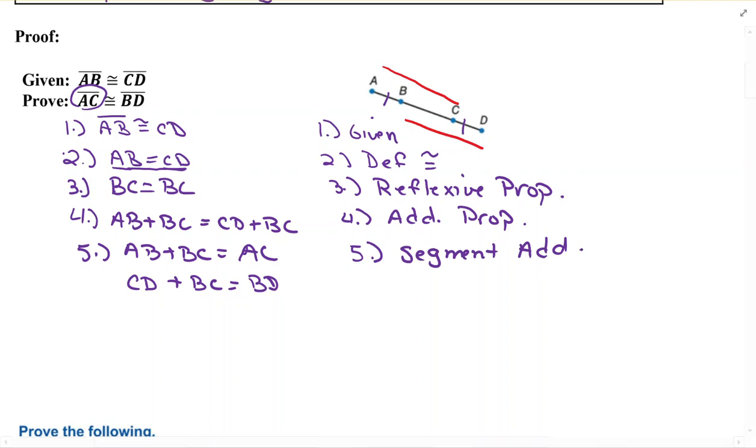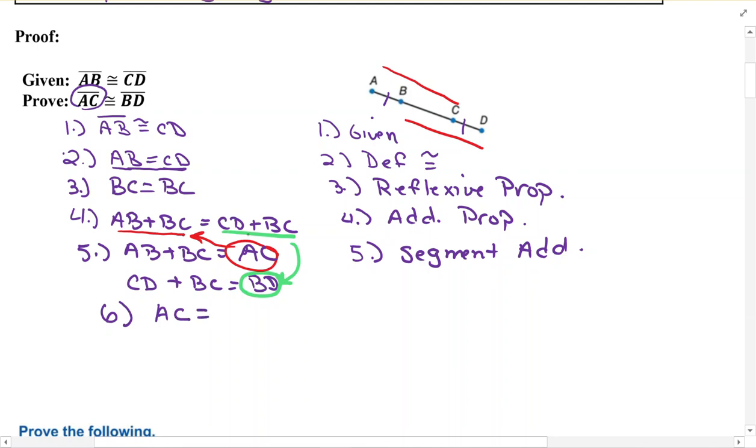Now I know that I can take the fact that AB plus BC equals AC and substitute that in for this. And I also can take the fact that CD plus BC is equal to this BD. So I'm going to do substitution. I'm taking step 4 and I'm replacing AB plus BC with AC.